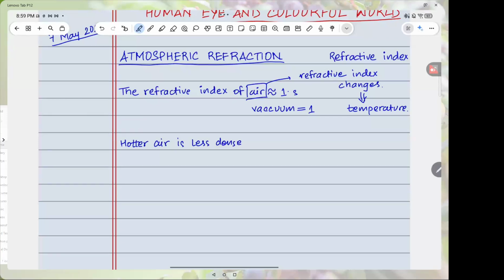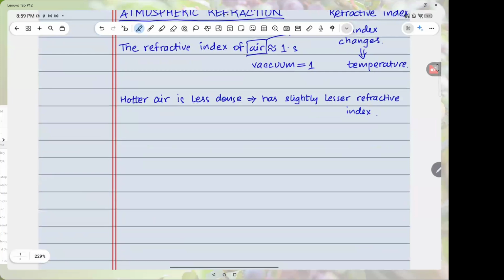The hotter air has slightly lesser refractive index. So that is why when we try to see something through hot air, it flickers.